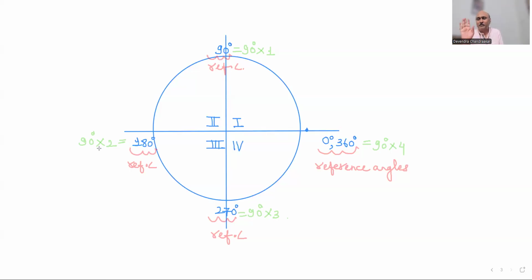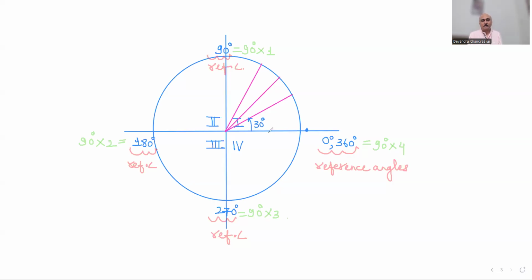That is why we are naming them standard angles. ठीक है? So every quadrant has its own set of standard angles. So we will memorize the first set of standard angles, and we can derive other standard angles using this first set.